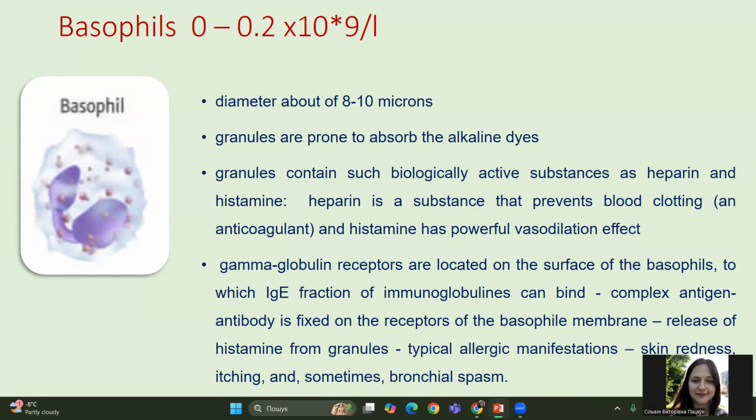Gamma globulin receptors are located on the surface of basophils, to which the immunoglobulin E fraction can bind. So the antigen-antibody complex is fixed on the receptor of the basophil membrane, and it causes release of histamine from granules, which can lead to typical allergic manifestations: skin redness, itching, and sometimes bronchial spasms.